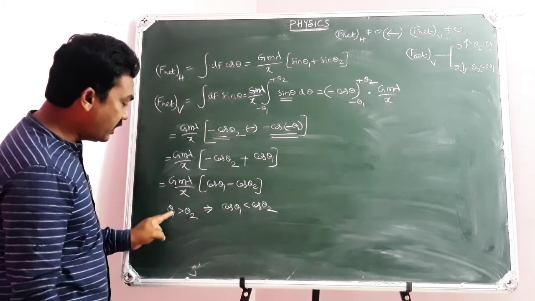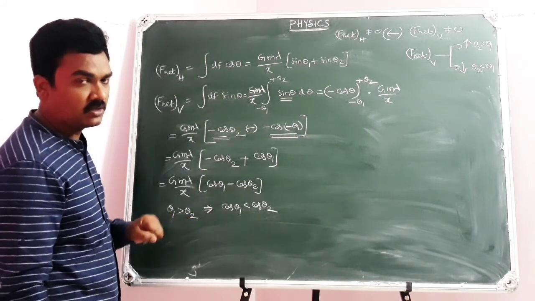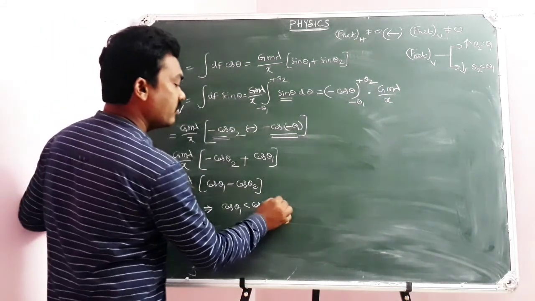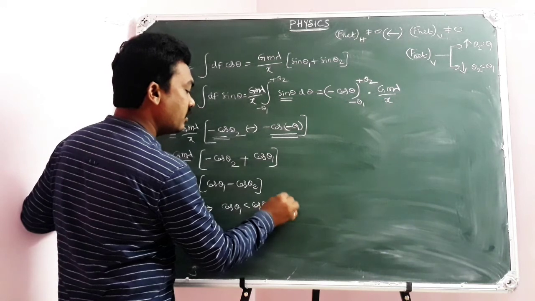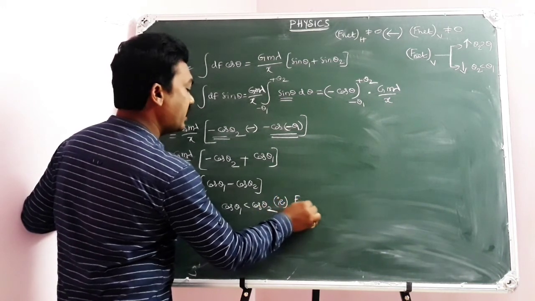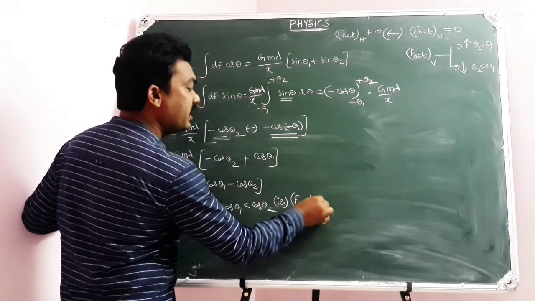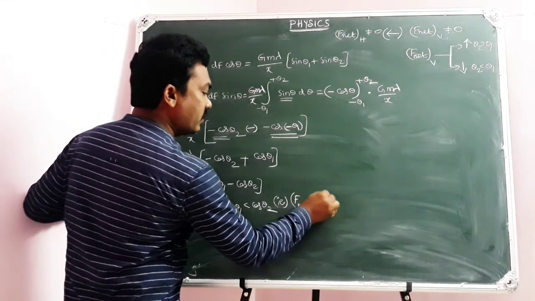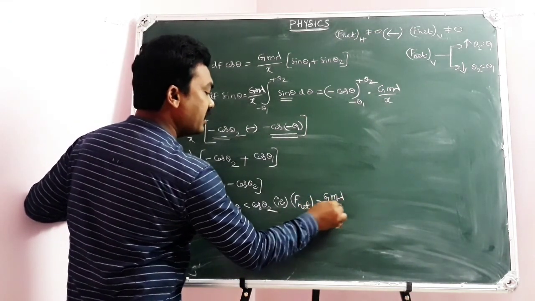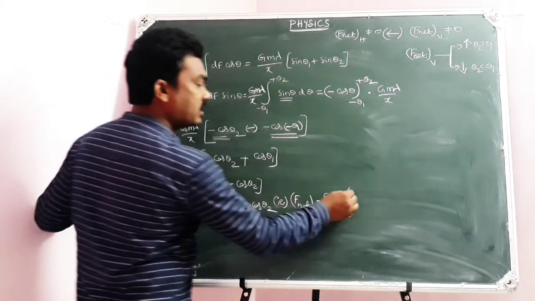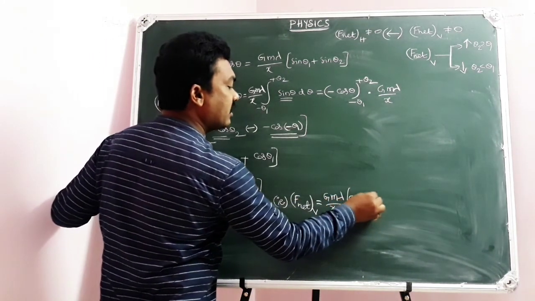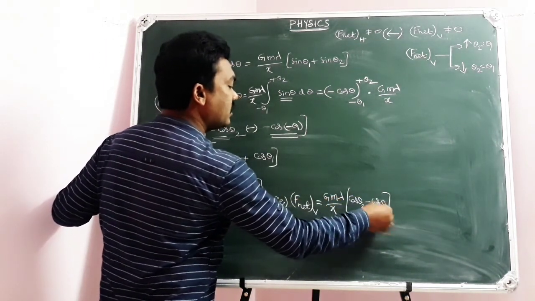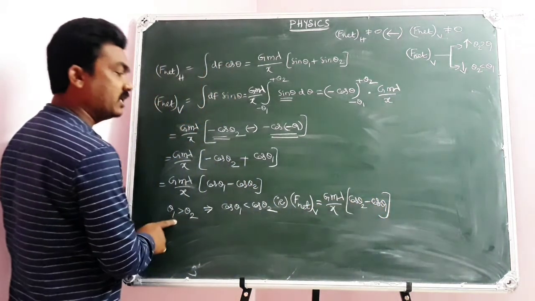That's why if theta 1 is greater, cos theta 1 will be lesser. Then here the net vertical force will be G M lambda by x into cos theta 2 minus cos theta 1, because cos theta 2 is greater, I told you, as theta 1 is greater.